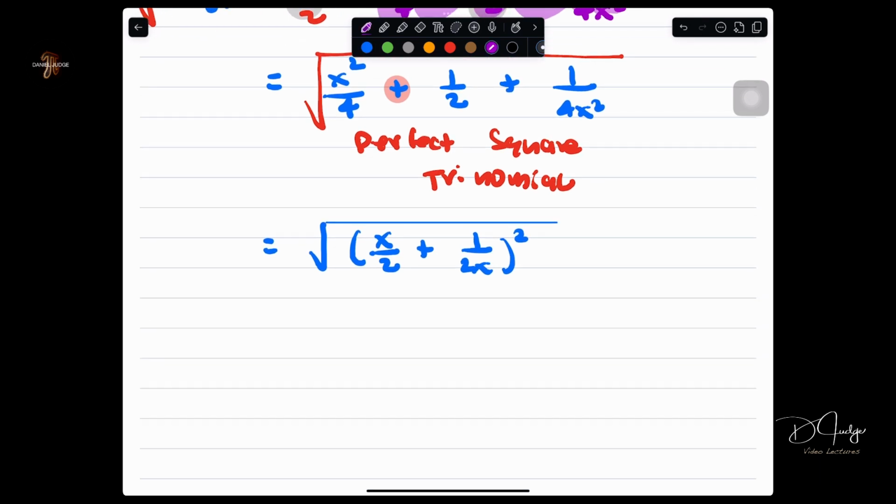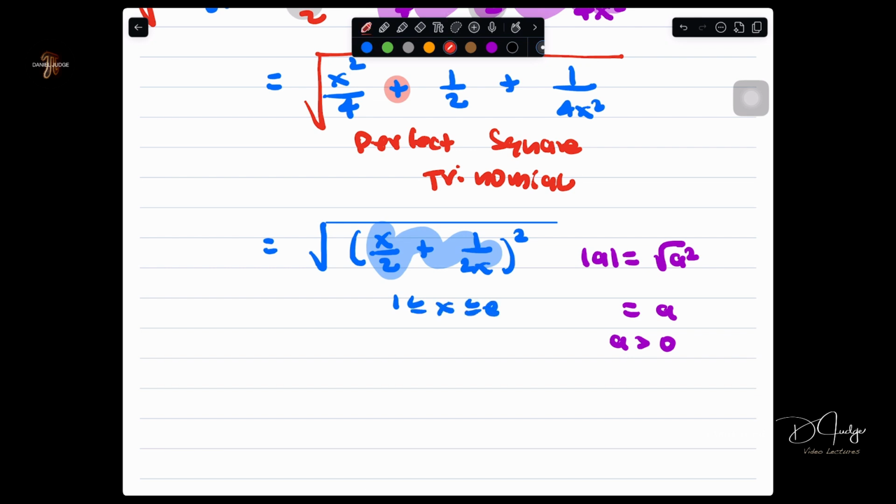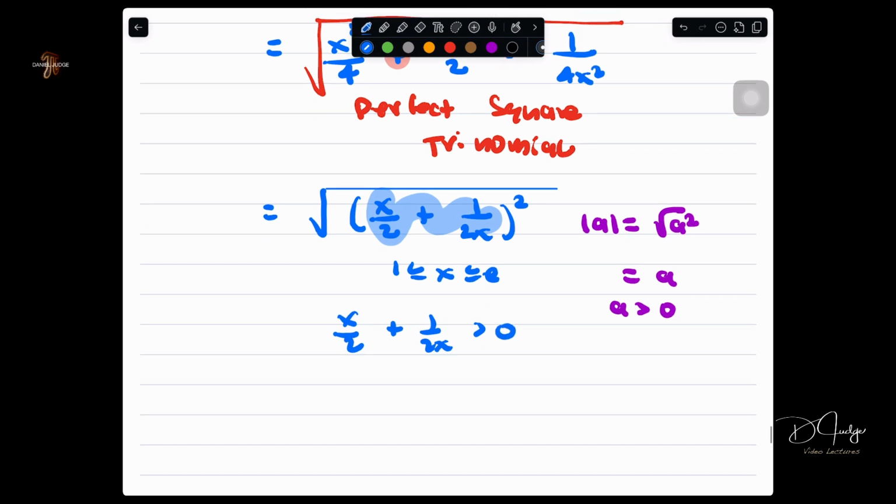And we're going to use, again, the absolute value of anything squared. Well, let's remind you, the absolute value of a is the square root of a squared. And this thing is positive when a is positive. So over the interval from 1 to e, and this is the detail, because x is between 1 and e, this portion is positive. x over 2 plus 1 over 2x is strictly positive.